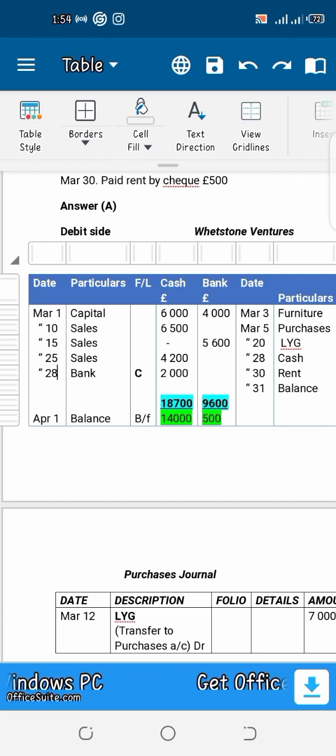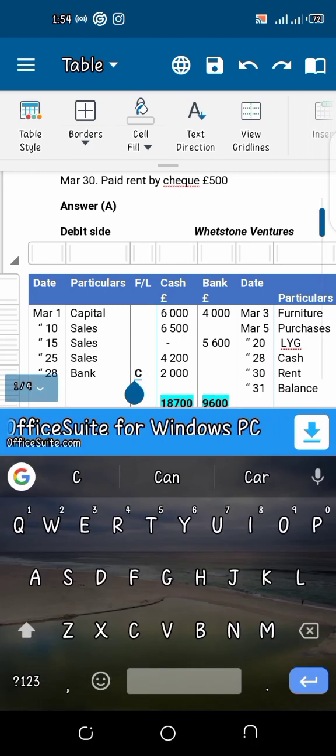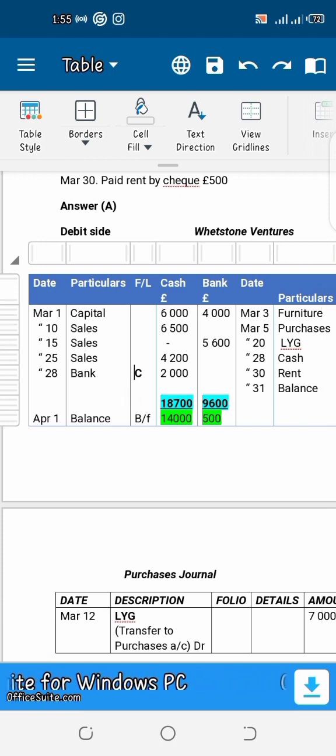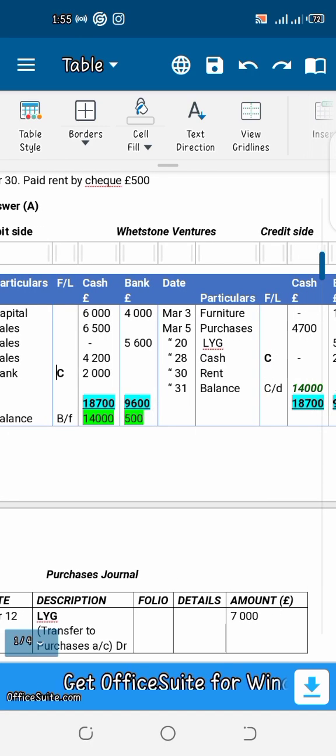Now in the folio column, the letter C is written there to indicate that this money actually was not spent but went into the bank account of the business. So the C represents what is called a contra entry. That means that this amount is going to be recorded on both sides of the account.